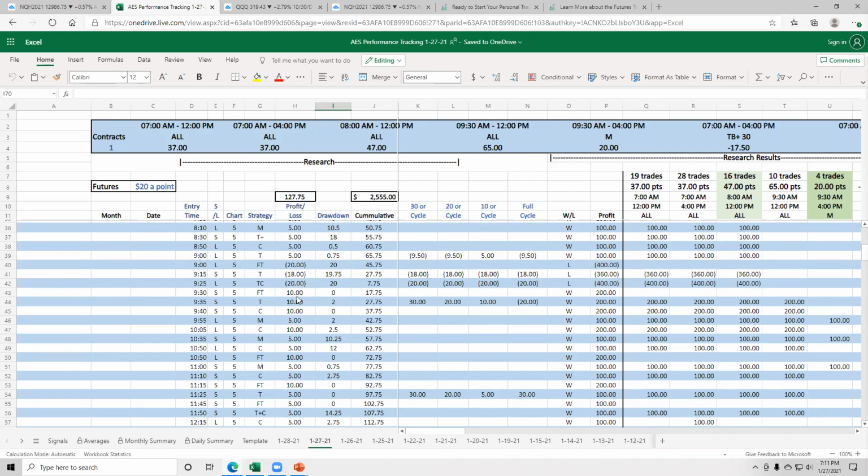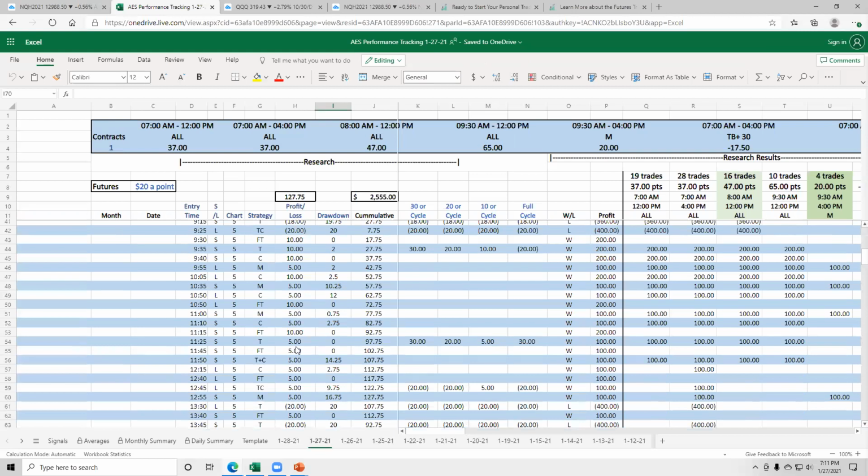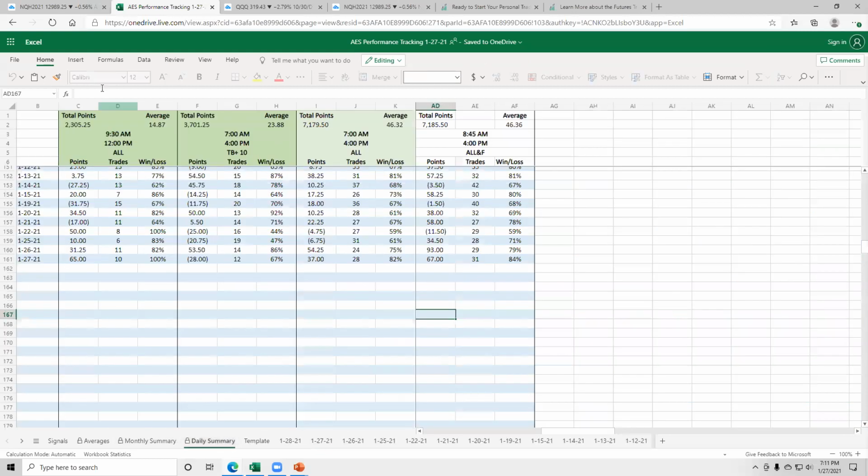If you started trading with us right in that first 45 minutes before the regular market session opened, you might have felt this wasn't going to be a very good day. But then look at the number of winning trades that we had all back to back. So 65 points, we did 10 trades, 9:30 to noon, 100% winners at 9:30 to noon.